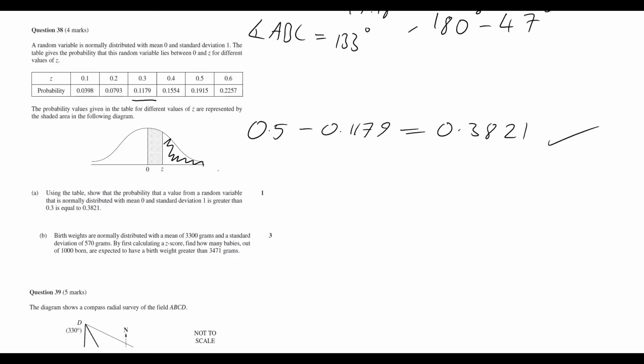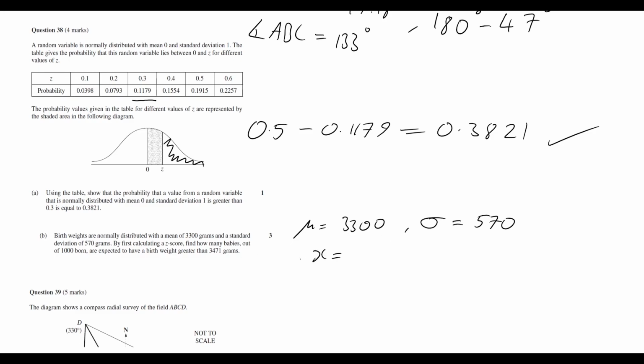Okay, part B. Birth weights are normally distributed with a mean of 3,300 grams. So we'll go ahead and write that down. So mu equals 3,300 and a standard deviation of 570. Okay, so sigma equals 570. By first calculating a z-score, find out how many babies out of 1,000 born are expected to have a birth weight greater than 3,471.